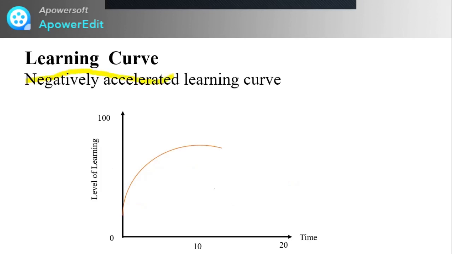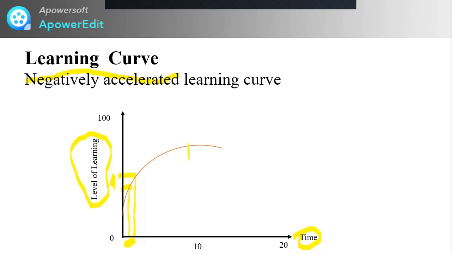The negatively accelerated learning curve presents the level of learning or knowledge here, and the time here. At the beginning, you learn quickly. You spend a small time, but you learn a large amount.